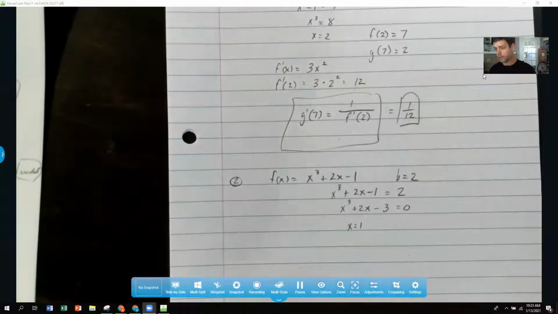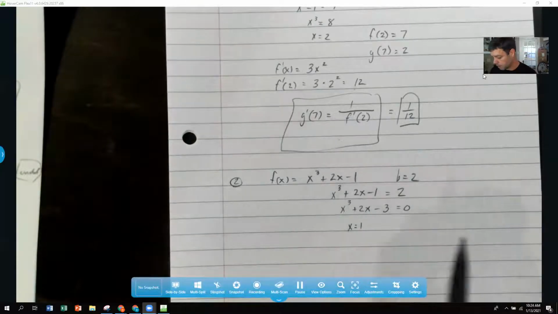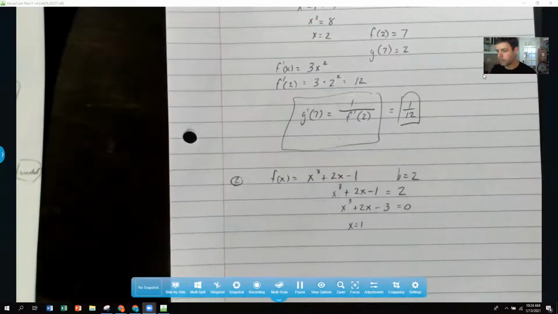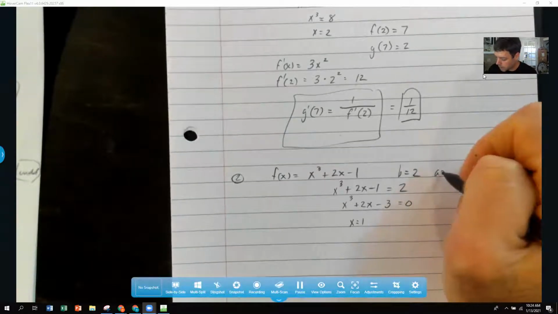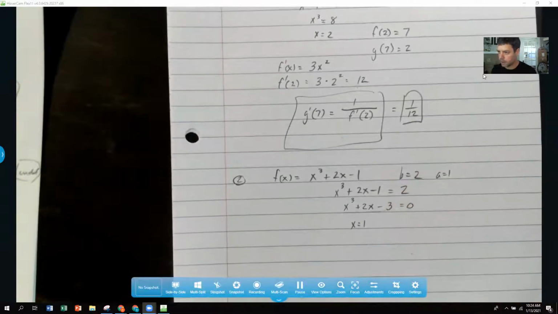There's also, I think, a synthetic division type problem that you could do, and I'm not going to do that. Basically, you would use your calculator, graph it and see what it equals. But I'm just going to skip that and go by inspection. So we know that x equals 1, or a equals 1. I'm going to let you finish that one from there.